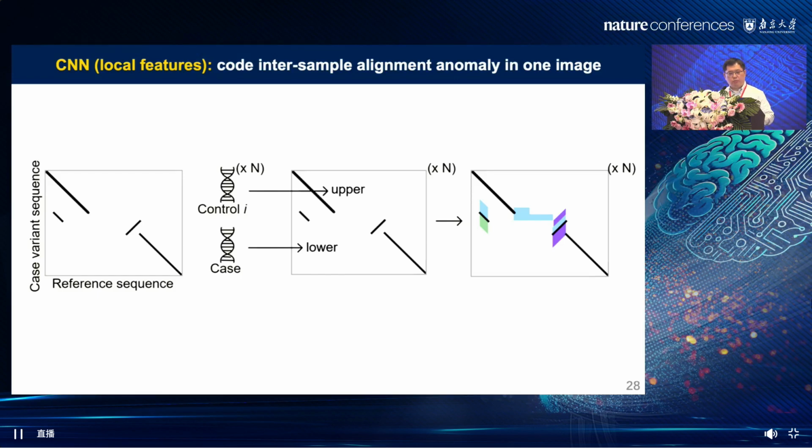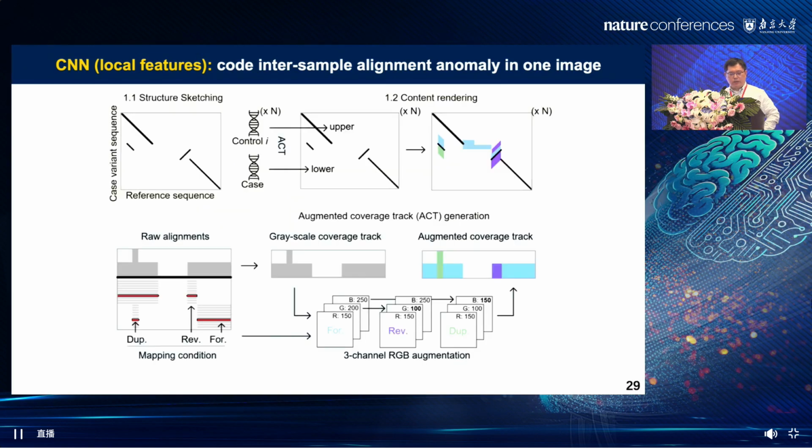By doing that, we are able to code multiple samples and the alignment information into just one image, and we just need to compare different segments of the image. And because it's a real image, we can have different channels, so we can have different colors. That's the place where we can add a lot of information from the raw alignment. For example, we can code the coverage, and we can use different colors to code the alignment directions, whether it's forward strand, reverse strand, or duplicated.